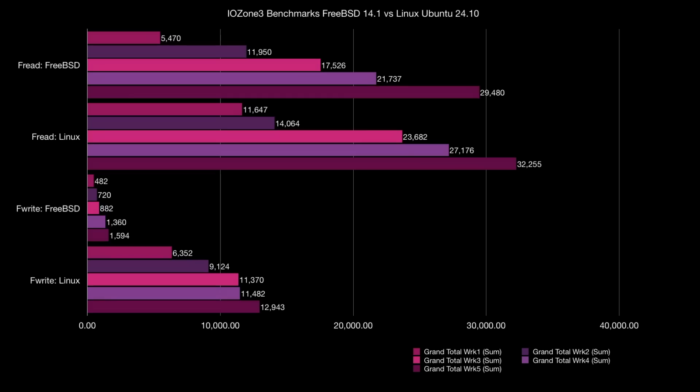And for some reason, the writes on FreeBSD just blow up. It's like it does not like fwrites at all. Now, that could be a bug. I mean, that seems way off from what it should be. So there's something going on there; it could be syncs that are doing it.